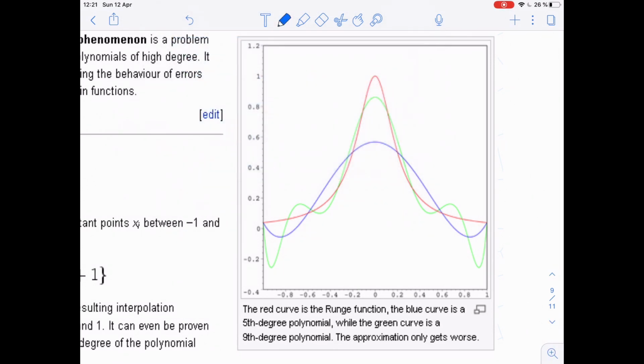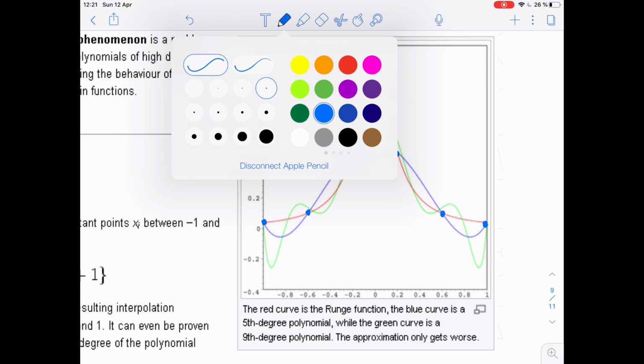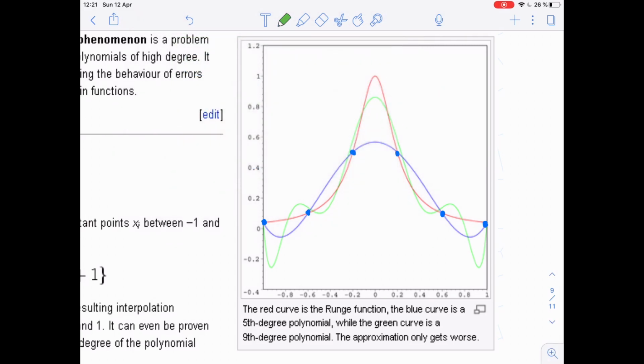The blue line represents a polynomial of degree 5 that coincides with the red curve in these 6 points. In green, we show a polynomial of degree 9 coinciding with the red line in these 10 points. And what we see is the following.